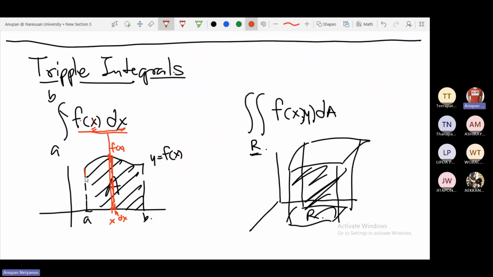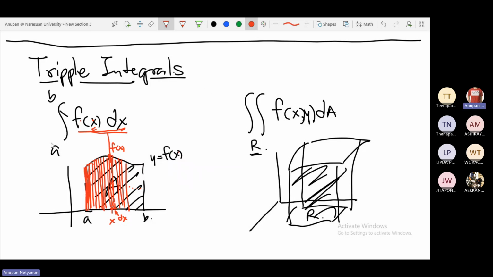For each x starting from a, I have a small rectangle, which has the height f(x) and the length dx, and then I combine them together, or I put them next to each other. See? Each x gives me a small rectangle. So when I combine them together, I actually get the whole area, which is the outcome of this integration.